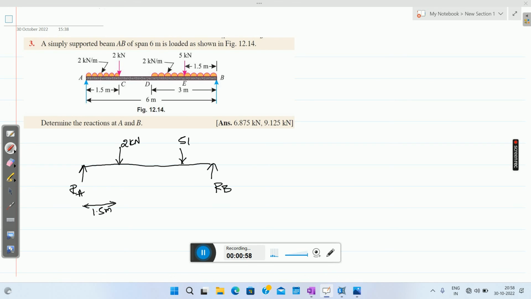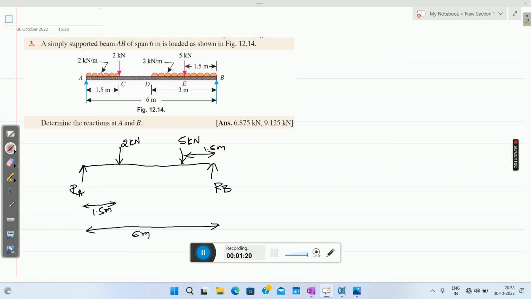Next 5 kilonewton, it is at a distance of 1.5 meter. Total length of the beam is 6 meters.